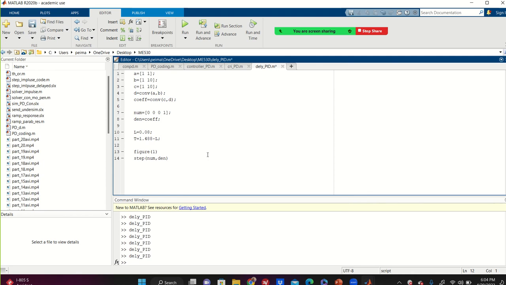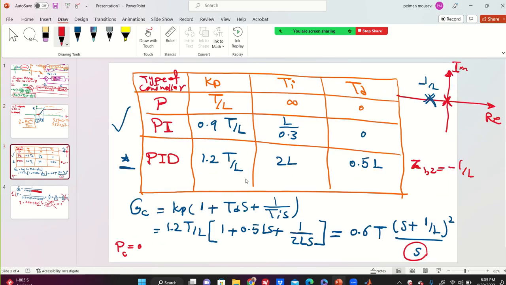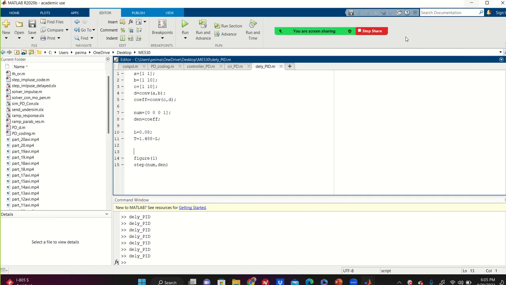Okay. So now I want to design the PID controller. Your KP is 1.2 T over L, because I'm going to go back to Simulink.